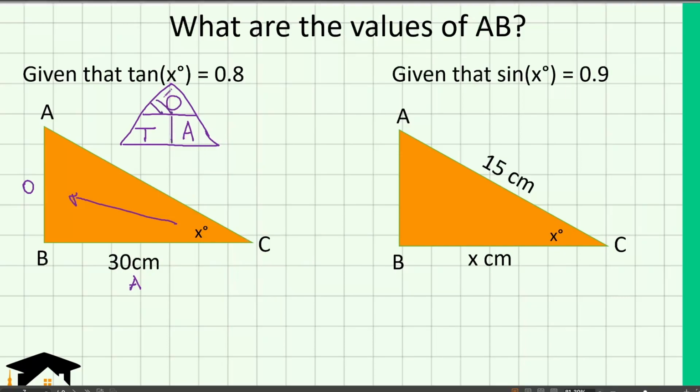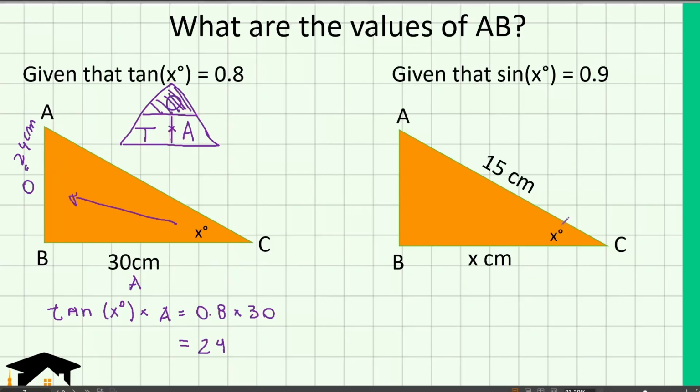So given that we want to find the opposite, we cross it out, and all we have to do is multiply the tangent with the adjacent. The tangent of x times the adjacent is going to be 0.8 times 30, and this is also 24. So the opposite side measures 24 centimeters.